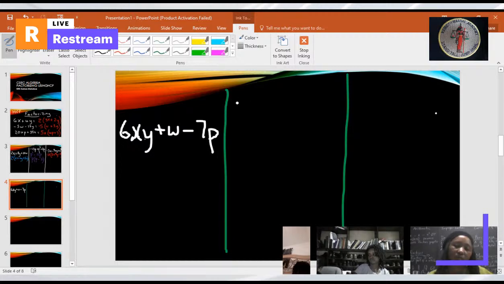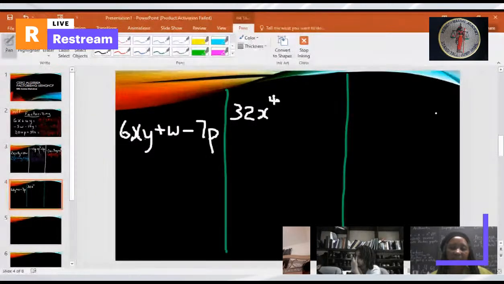And we have 32x to the 4th power minus 16x to the 3rd power y.